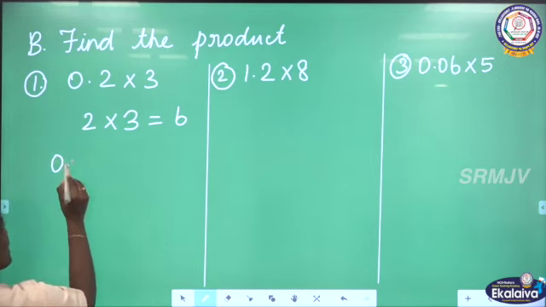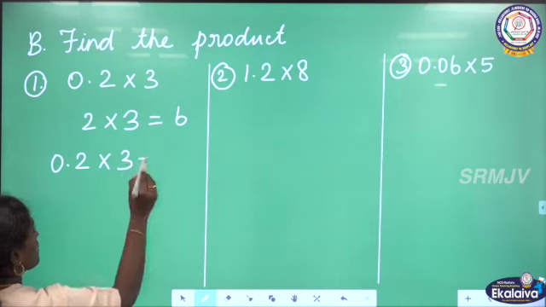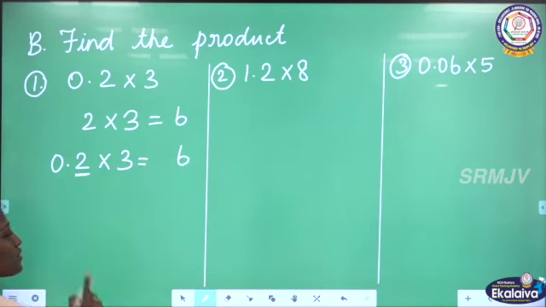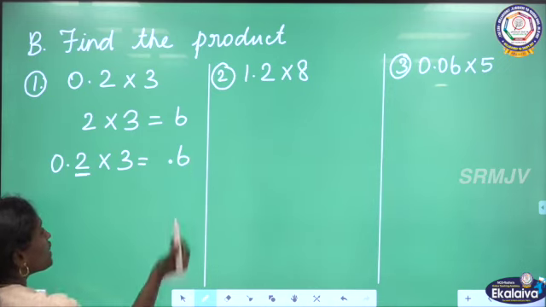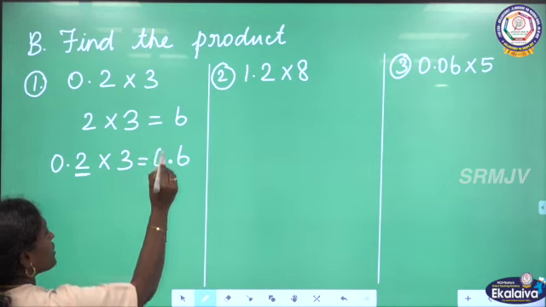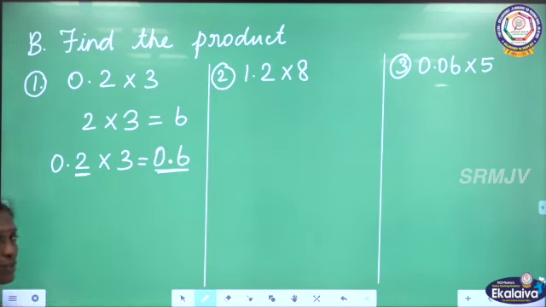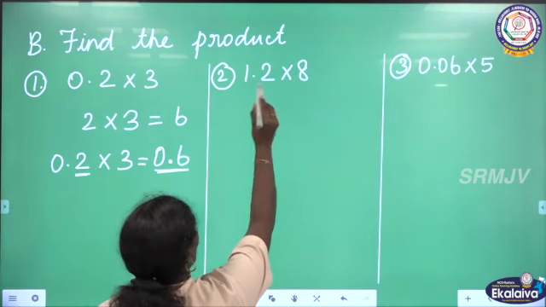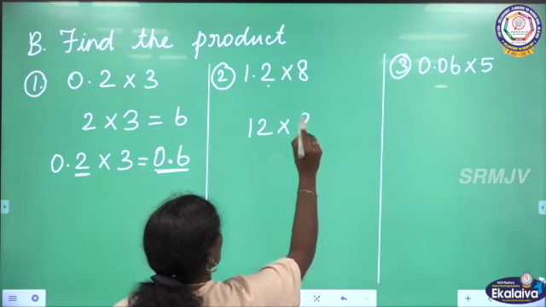Now, I am going to write the answer for 0.2 into 3. The answer is 6. In the question, we are having only one decimal place. So, from the last, before one digit, we have to keep the decimal point. So, the whole number part is 0. The answer is 0.6.